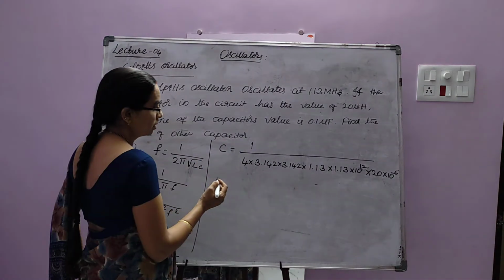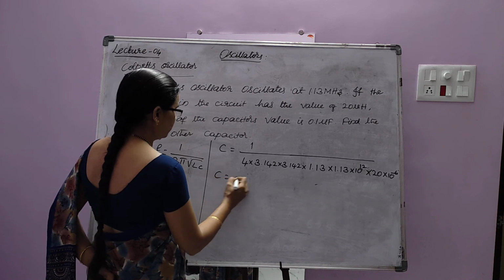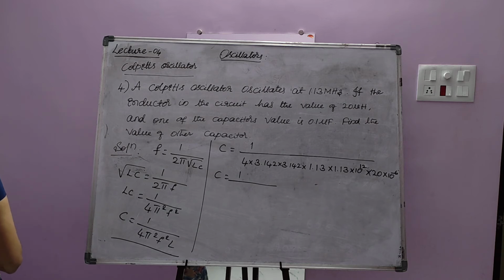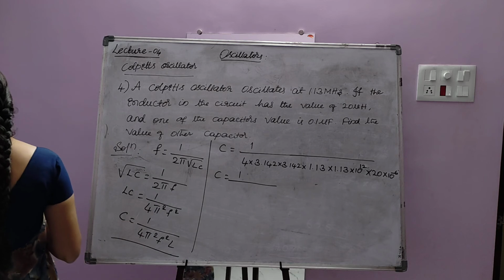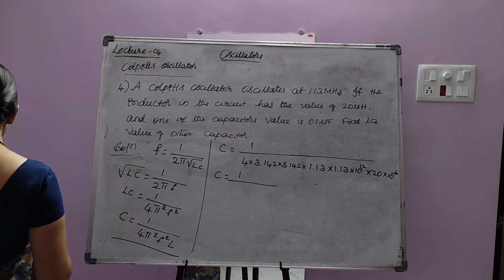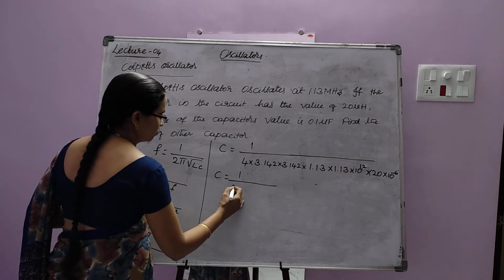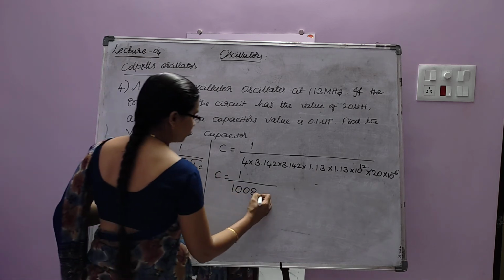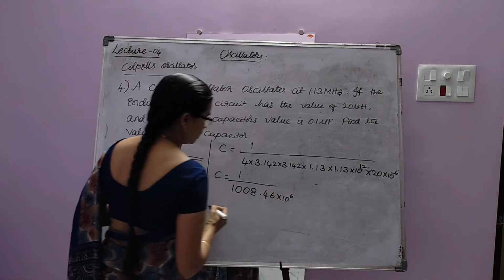Calculate this. You will get 1008.46 into 10 to the power of plus 6 it will be.